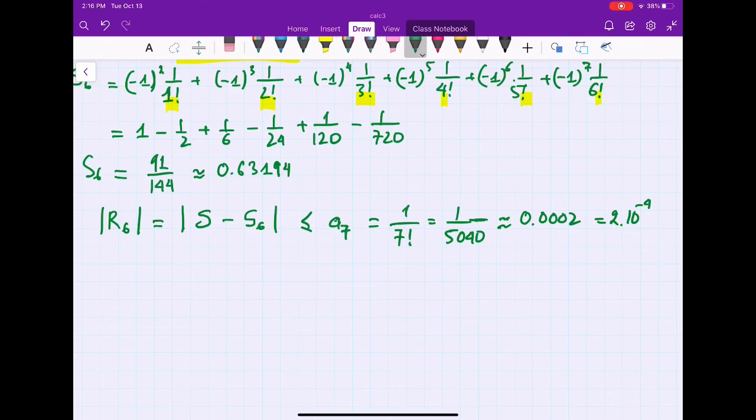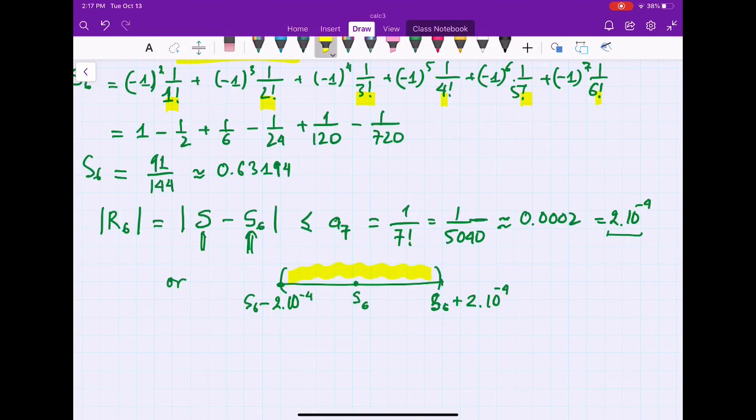Then what does it mean? That means you might use S6 to approximate S with this error, or you can write it in the following way. Here's your S6, plus or minus 2 times 10 to negative 4. So S6 plus 2 times 10 to negative 4, and S6 minus 2 times 10 to negative 4. Your S should be in this neighborhood.